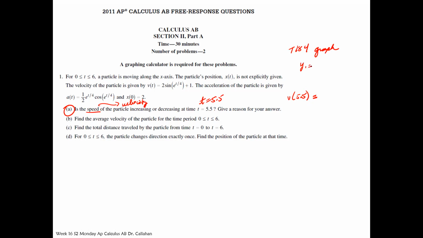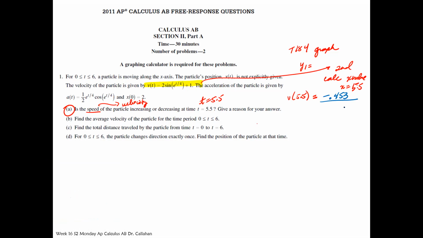You can graph this in y equals, typing the entire thing into your graphing calculator. Then take a second, calc, x value, and type in 5.5. Hit enter, and that should give you the answer, which is -0.453, and that is your velocity.